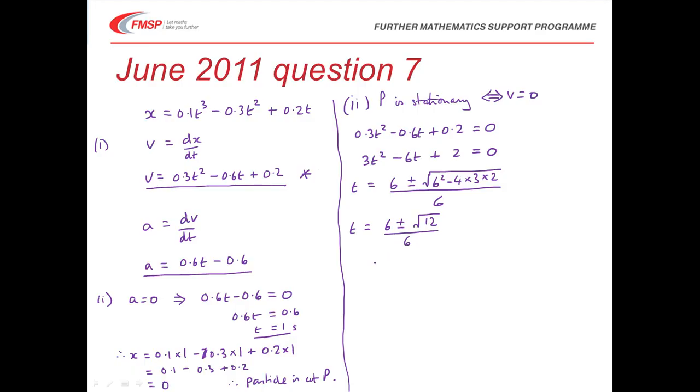And don't go rushing and writing square root of 2 or something like that. Let's be careful about simplifying that surd. Okay, square root of 12 is the square root of 4 times 3. The square root of 4 is 2, and the square root of 3 is the square root of 3.